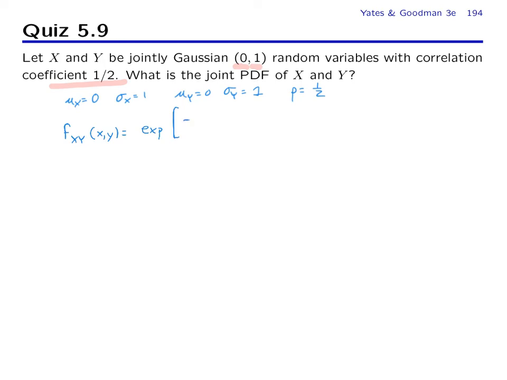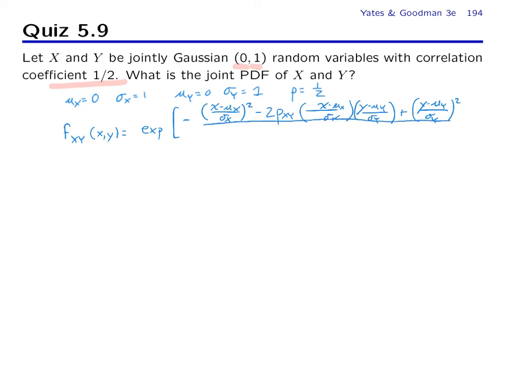It's the exponent of minus, and I get x minus mu x over sigma x squared, minus 2 rho xy times x minus mu x over sigma x times y minus mu y over sigma y, plus y minus mu y over sigma y, the whole thing squared. And then this goes over 2 times the square root of 1 minus rho xy squared.